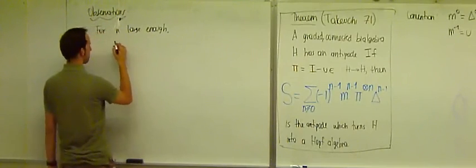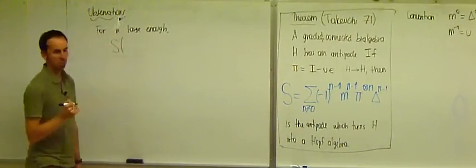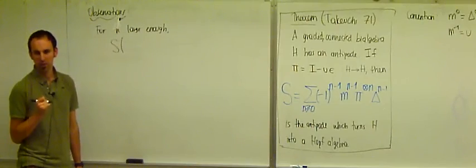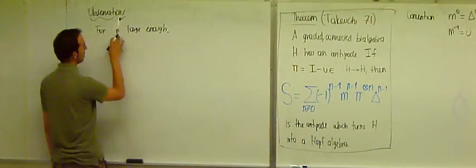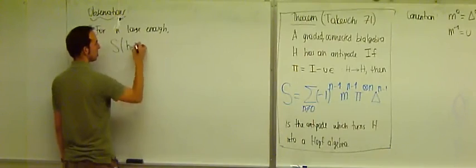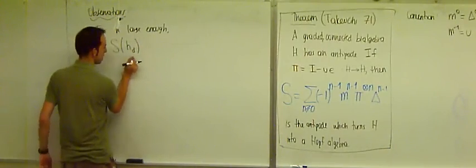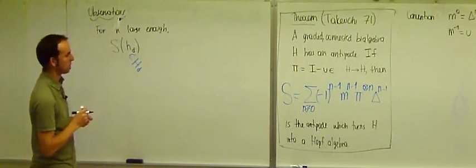Let's say that we take S and we plug in something homogeneous of degree n. Okay. Well, let me not use n. Something homogeneous of degree d. Okay. So this guy lives in degree d.